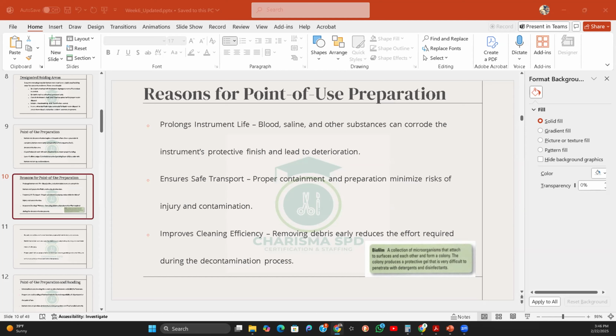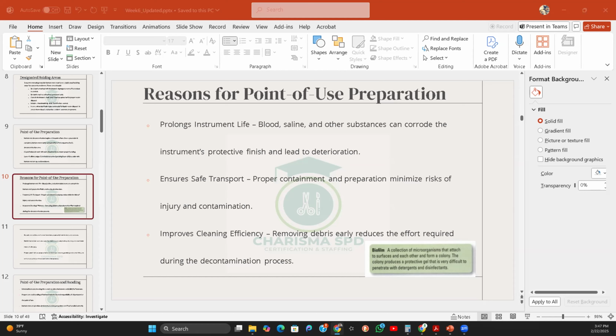Sometimes they try to reduce the gross soil by dipping the instrument in saline and shaking it a little to get some of the blood and fatty tissues off. But sometimes, as human beings, they forget and leave the instrument there for an extended period of time, and that can damage the fine finish of the instrument.